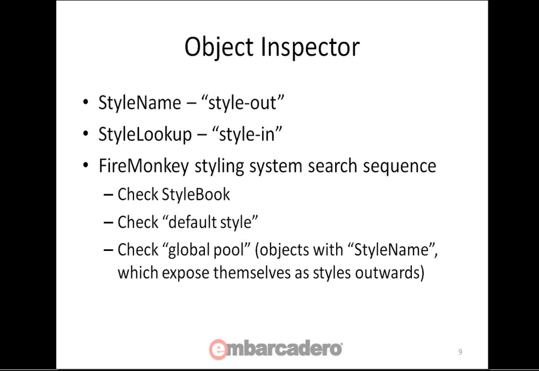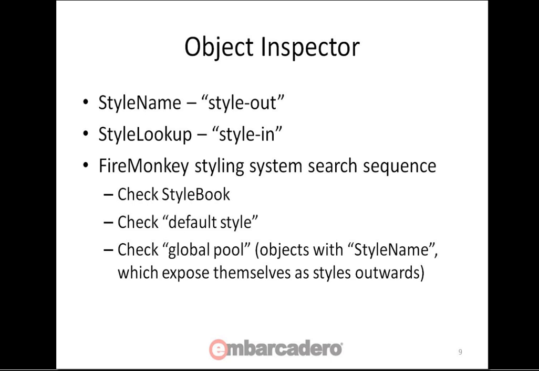So the sequence is as follows. First, the styling system tries to find the style for the particular component from the current style book. If it fails, it then tries to find the style in the default style, and after this the system searches through the global pool of styles.